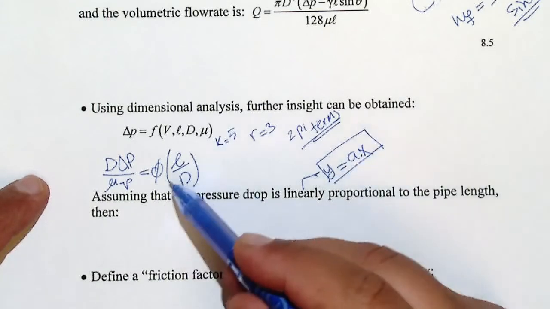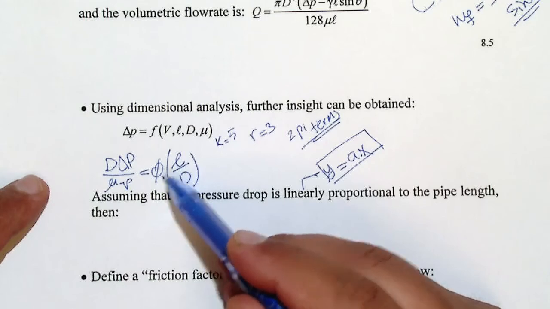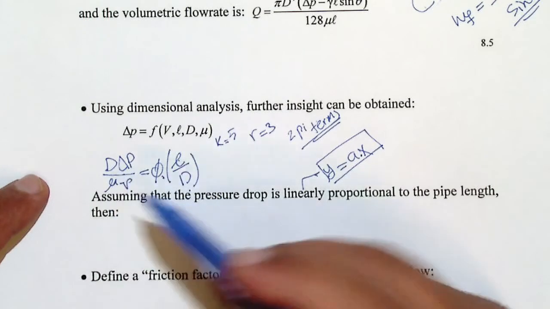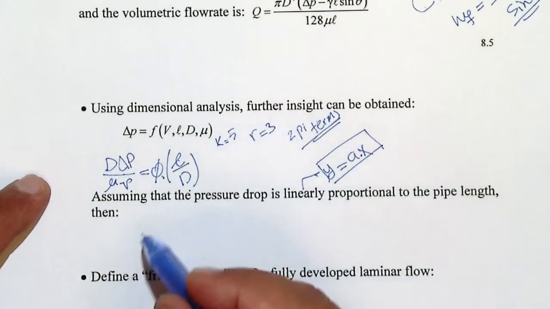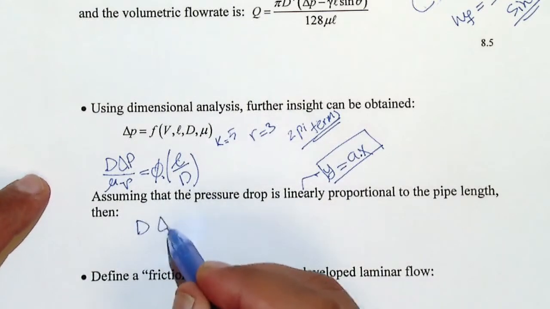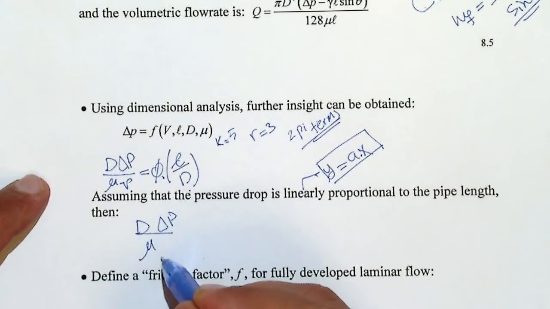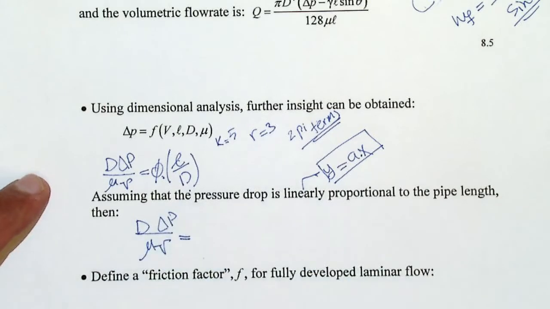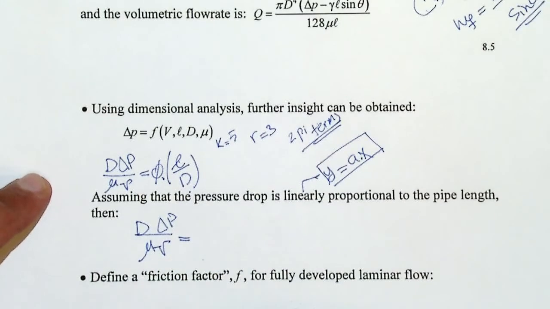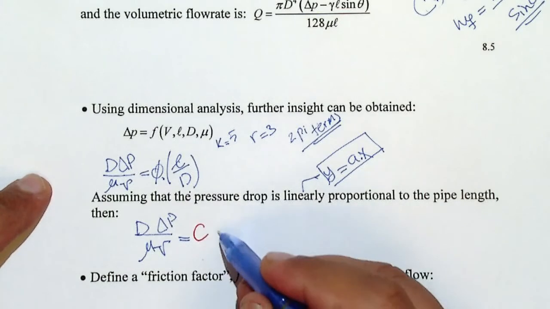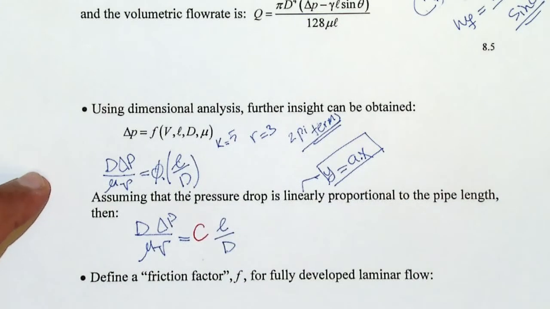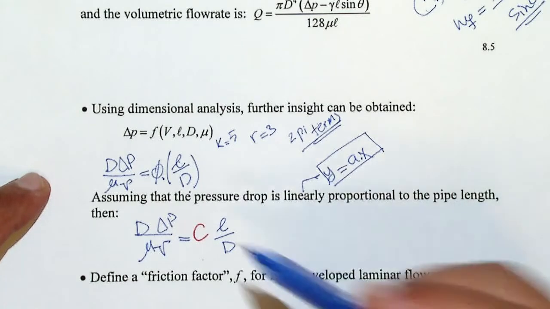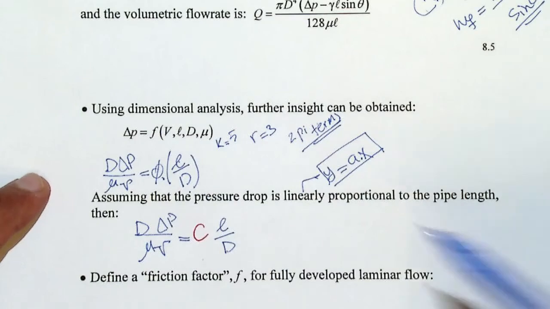So it means that you need a constant number here to multiply by L over D and find delta P. So I will change this equation: D delta P over mu V is equal to a constant C, which we don't know, right? A constant times L over D. Then you have a relation instead of an unknown function phi, so now these two are related with a linear term.